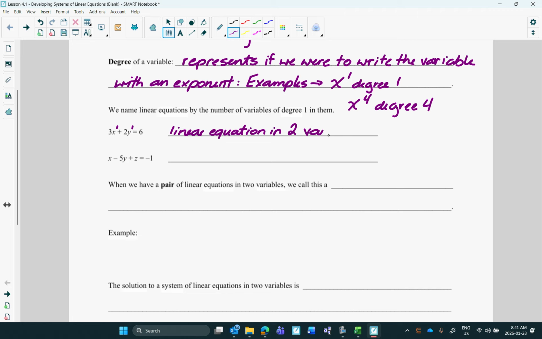It's linear because all the exponents attached to the variables are one, and there's two variables. This one, all the exponents attached to the variables are one again, so it'd be linear, but this time it would be in three variables.